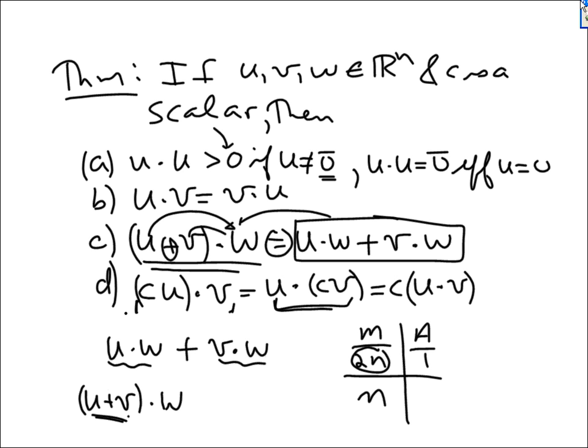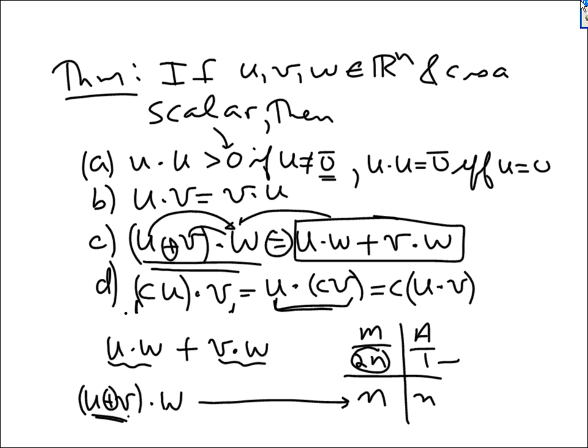Now, here, since U and V are in Rn, you'd have to add the first two components together, the second two components, the third. You'd have to do n additions. There's no doubt about it. I would vote for this. Half as many multiplications and n additions.